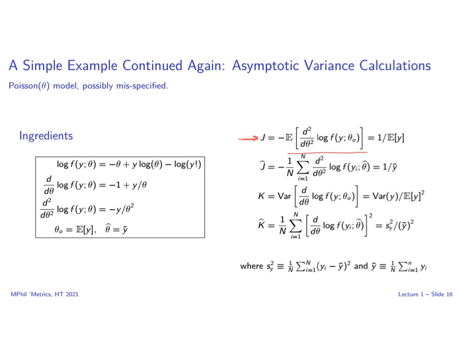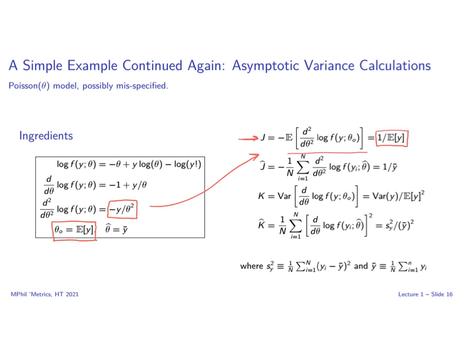naught. Here, theta naught is just equal to the expectation of y, and we showed that the second derivative of the log likelihood in this example is minus y over theta squared. Combining these two facts and simplifying, we see that J is equal to 1 over the mean of y.